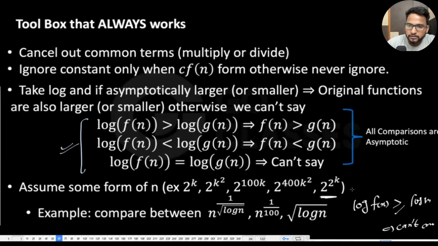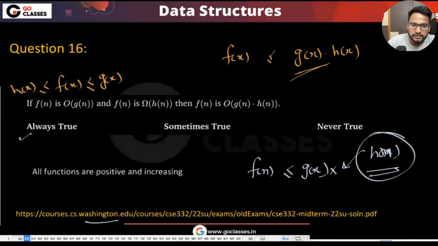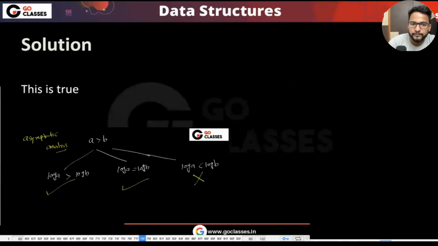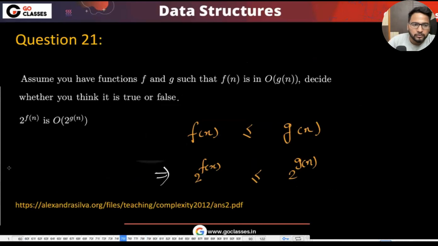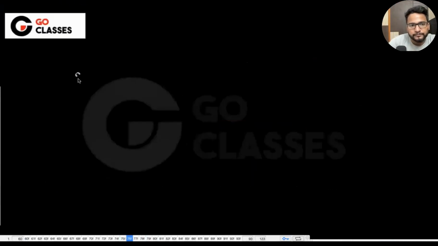Okay. So basically, let me take log. That's not an issue, but I just revised that slide. So let's suppose you want to compare between these two functions, 2 power f(n) and 2 power g(n). Then what will you do?